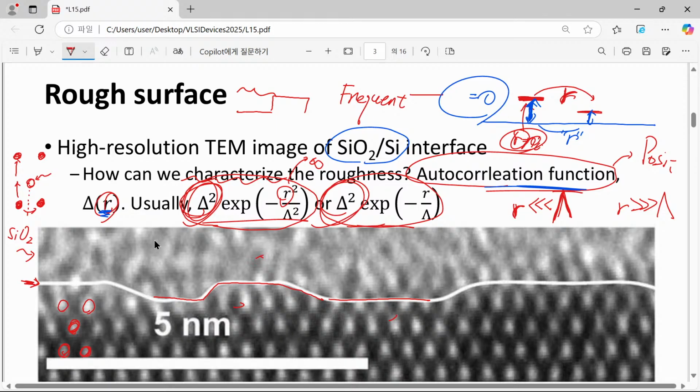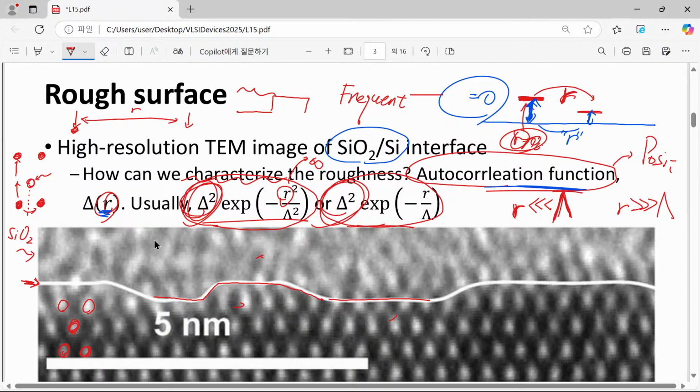It means that one point here and a point far away from it, separated by distance r, are not correlated at all. Autocorrelation function means how much these two coordinates are correlated in terms of their roughness.